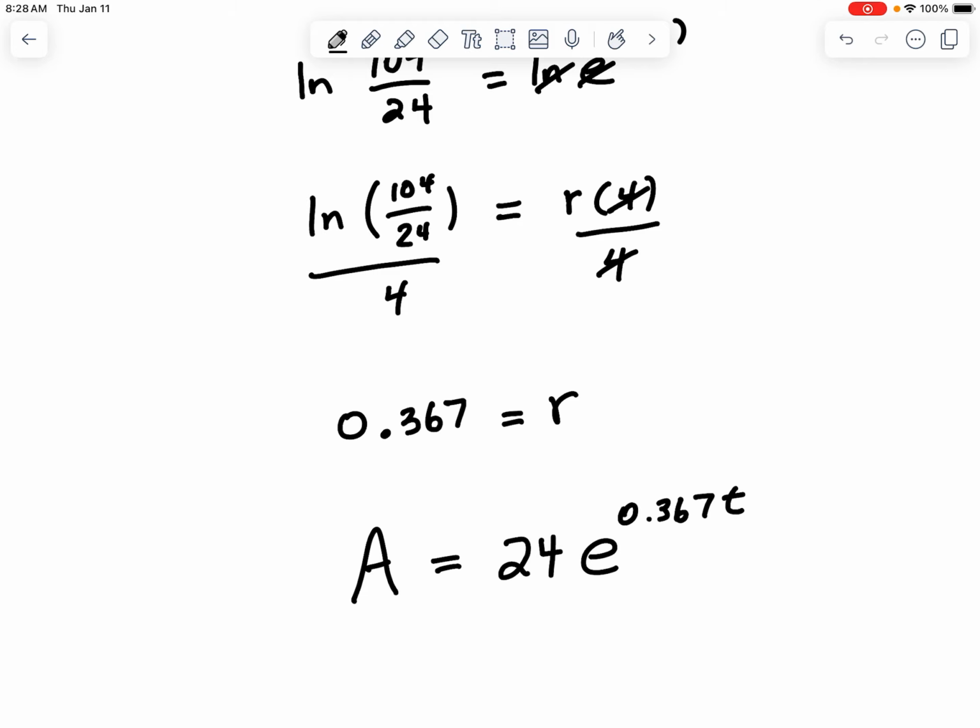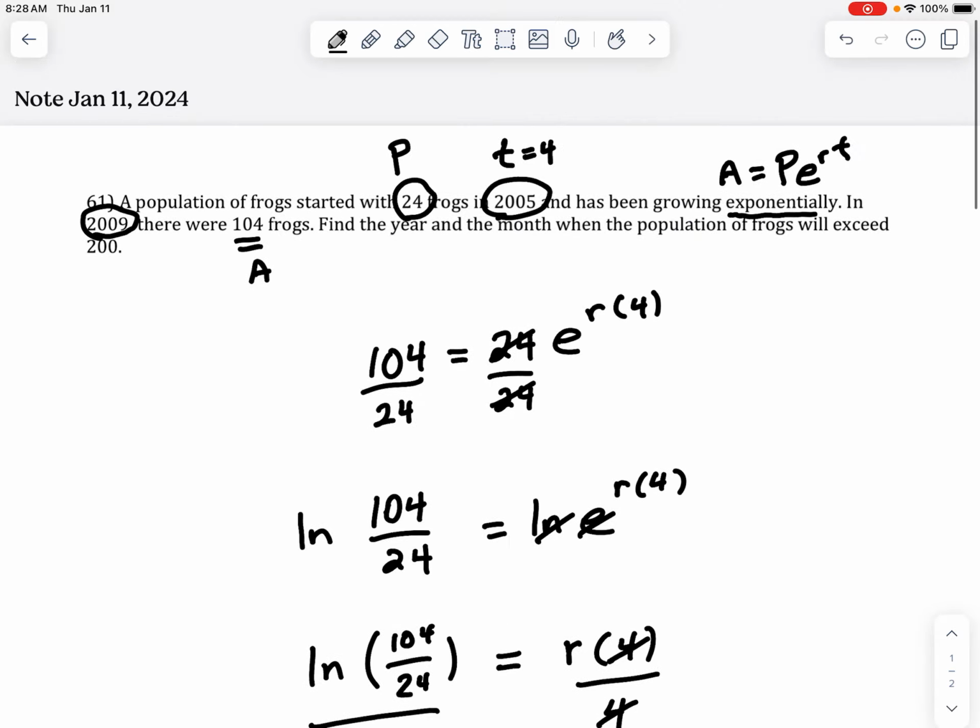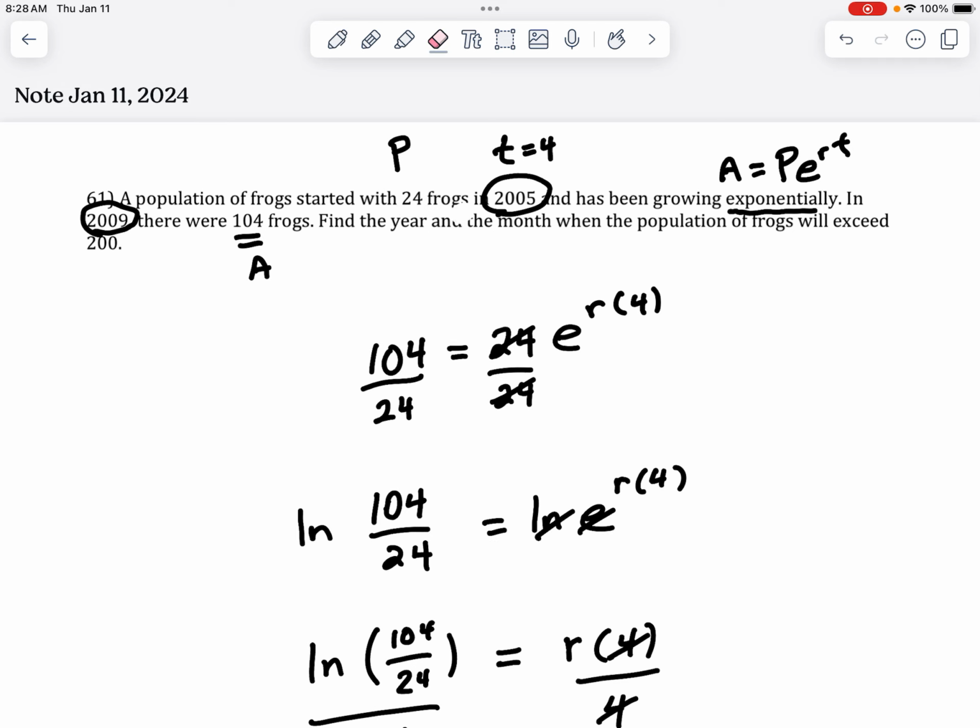Okay, what's next? Let me go back to the question. Okay, the next part of the question is find the year and even the month when the amount of frogs will exceed 200.